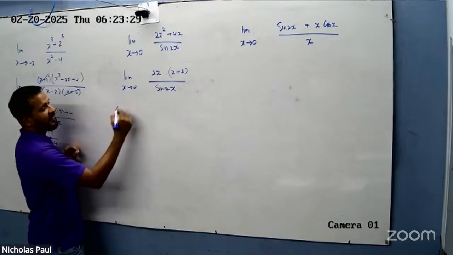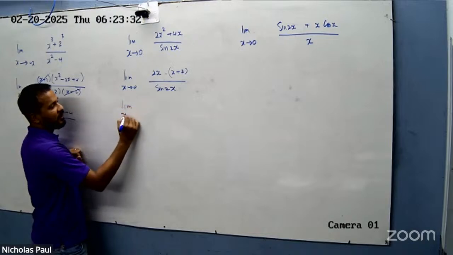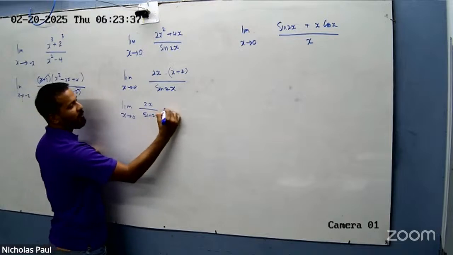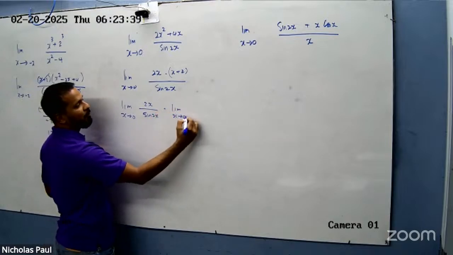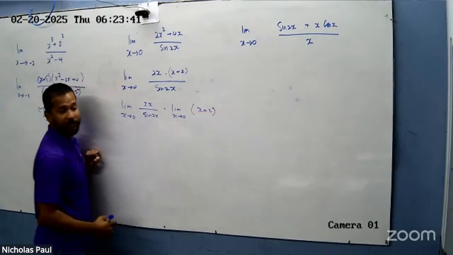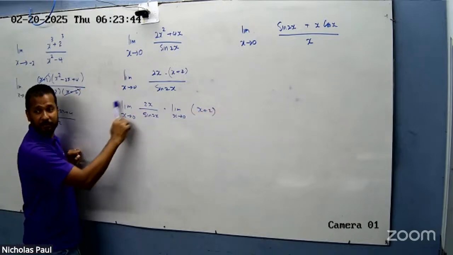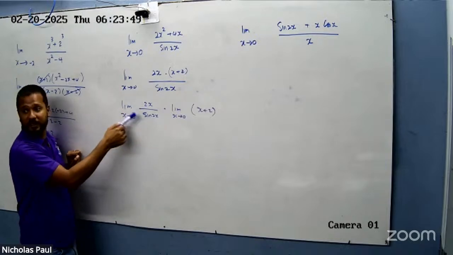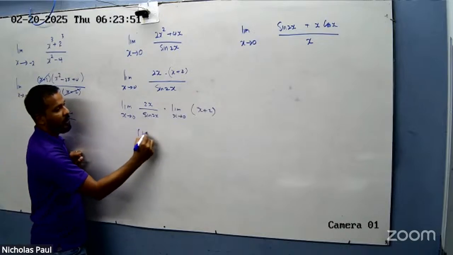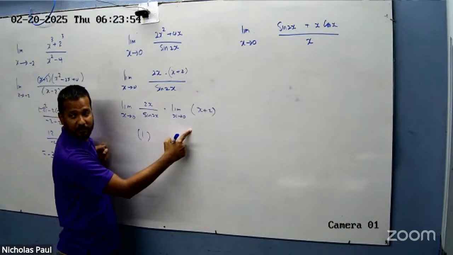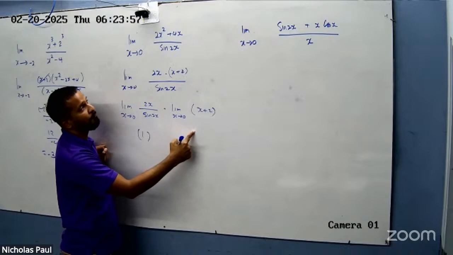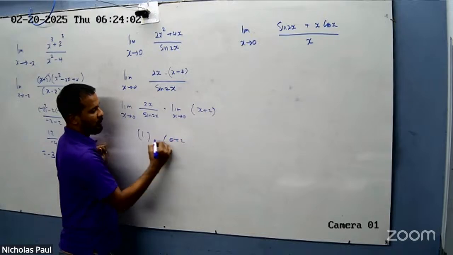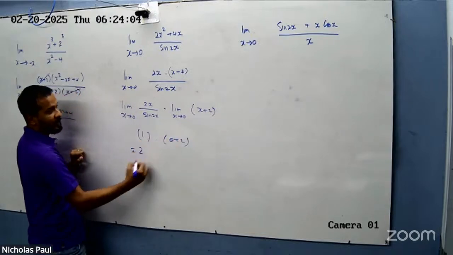So it might look like this: 2x over sine 2x multiplied by the limit as x approaches 0 of x plus 2. What is this? It's 1. I'll show you why it's 1. It doesn't matter how it is, you will still get 1. And what is this here? That'll be 0 plus 2, so that's 1 times 2, which is 2.